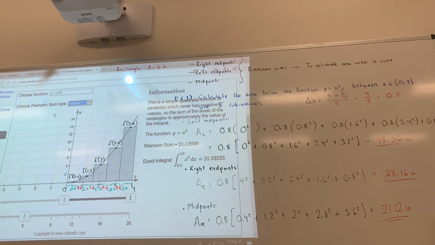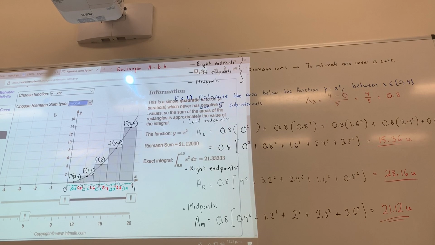So it's going to be x cubed over 3 from 0 to 4. So that's going to be 64 over 3 minus 0. That's approximately what? 64 over 3. 21 point something, right? 21.3 units.